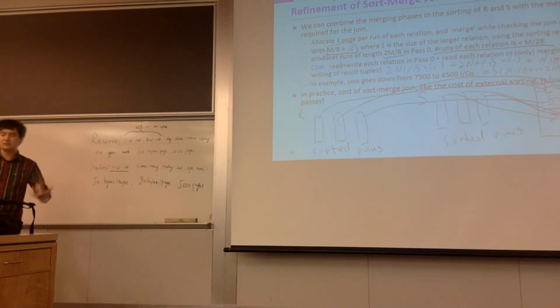Since that degree is constant, that's still constant. So in practice, the cost of sort merge join is almost linear, but with potentially a different constant depending on your join. So that's sort merge join. Any questions about this? No?